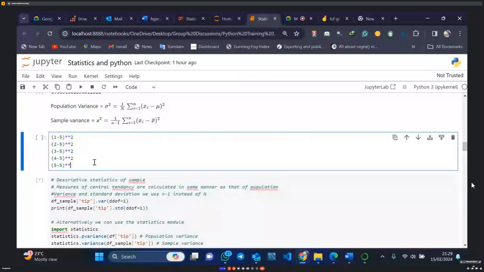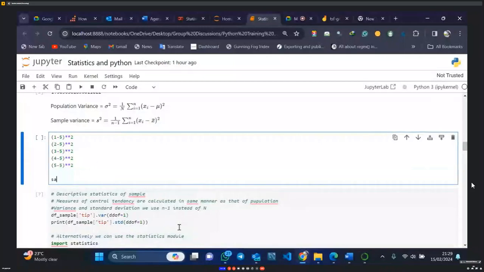Our sample size is 5, and we are trying to calculate the sample variance. We add all those together.